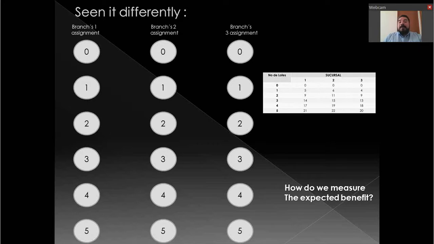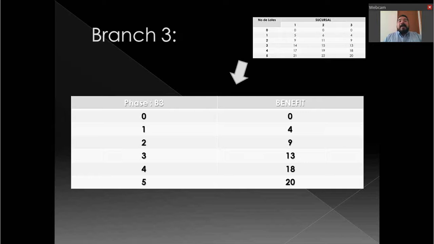So how do we measure the expected benefits? We begin with branch 3, and when we arrive at branch 3, we can have from 0 to 5 lots to assign, and if we assign 0, we have a benefit of 0. If we assign 1 lot, we have a benefit of 4.